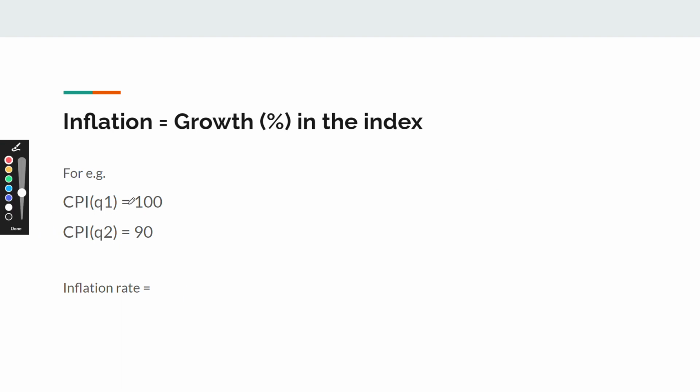Okay, let's look at another example. You can see here that the CPI has actually decreased from quarter 1 to quarter 2. We can still use the same formula to calculate the rate of change or the growth rate. So we're going to start out with CPI at the end of the period, 90, minus CPI at the start of the period, 100, and this will give us negative 10.